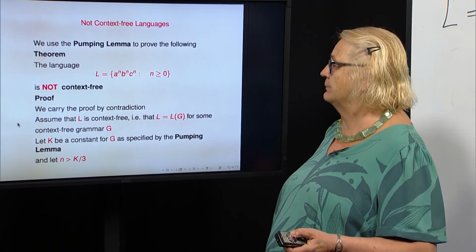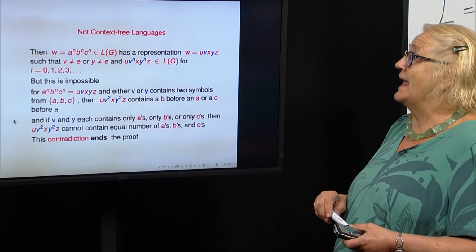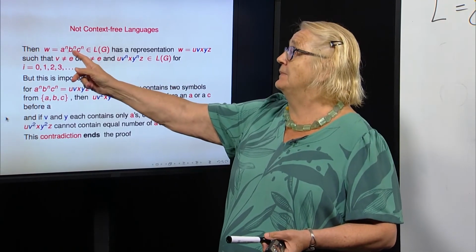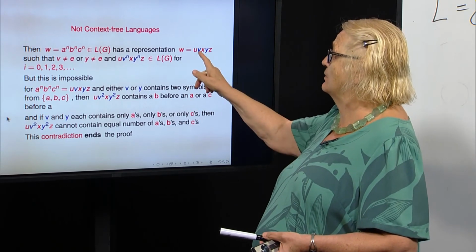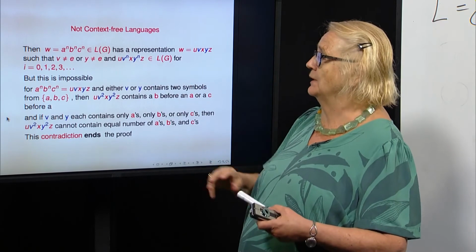So now let's look at the proof. Let's take n greater or equal to k, and so assume that a^n b^n c^n has a representation in five pieces, where v and y are non-empty, and such that you can pump.